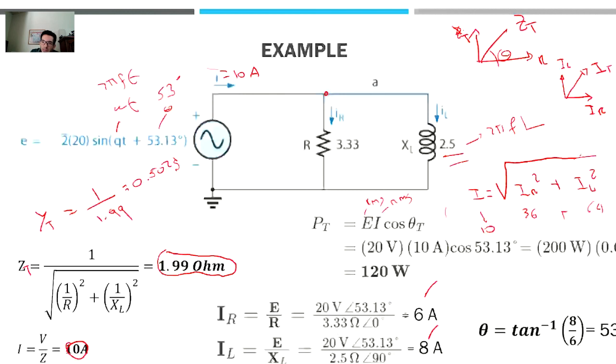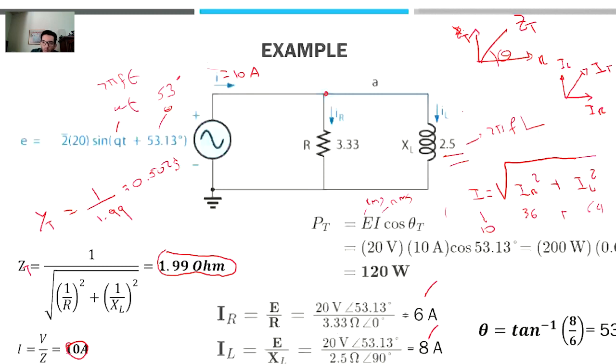So in AC circuits, you do not get your total current by adding the current through each leg, because it is not a real contribution from the inductor and the capacitors. What you need to do is find the total current by applying the magnitude, or the Pythagorean theorem, because it's a contribution in the x, y plane, where you have the current through the resistor squared plus the current through the inductor squared.